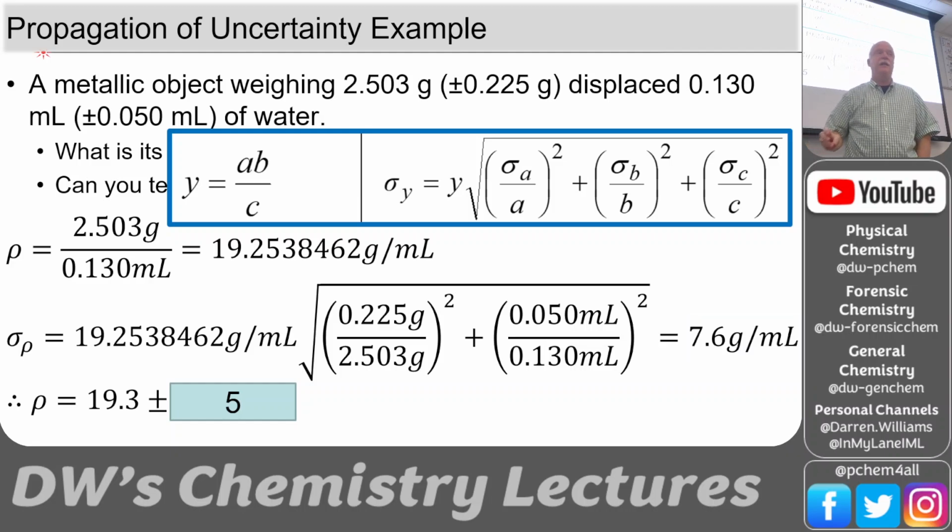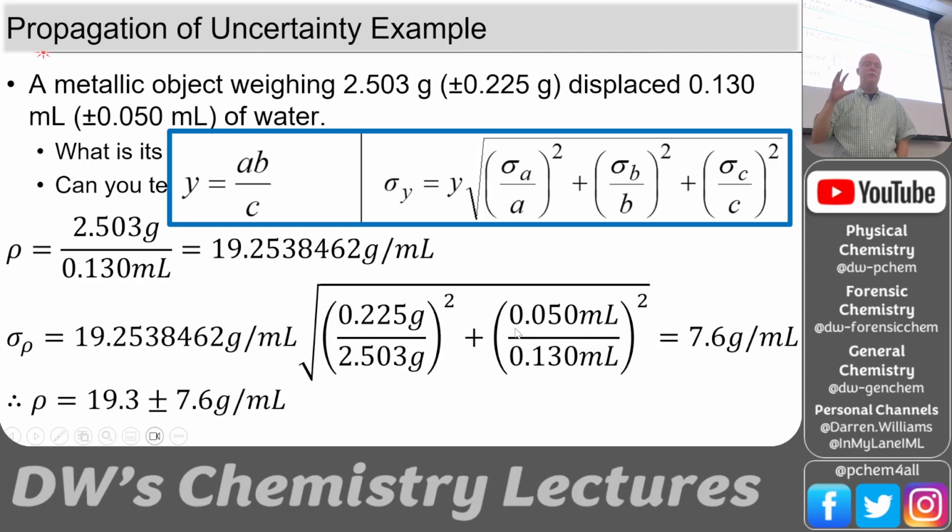So it's 7.6 grams per mil. Yeah, 7.6. If we were to write this out, plus or minus our standard deviation, our result would be 19.3 plus or minus 7.6 grams per mil. This is giving us an idea of our significant figures, right? We're keeping two decimals or two places of uncertainty just because that's a convention.